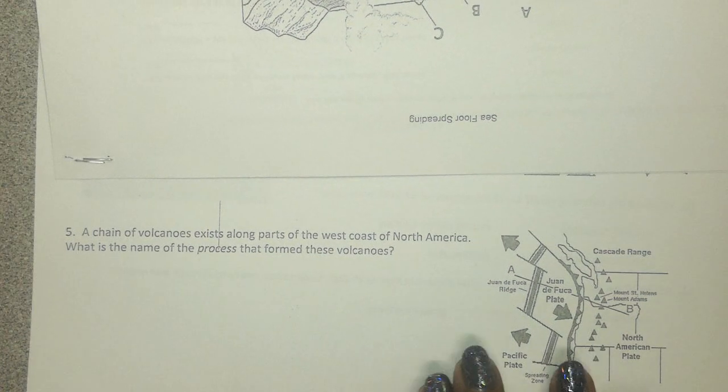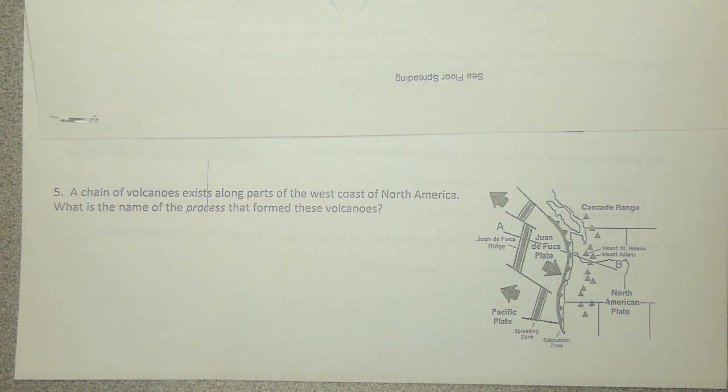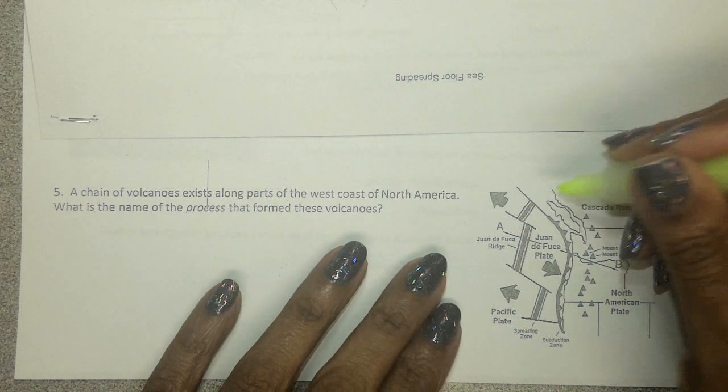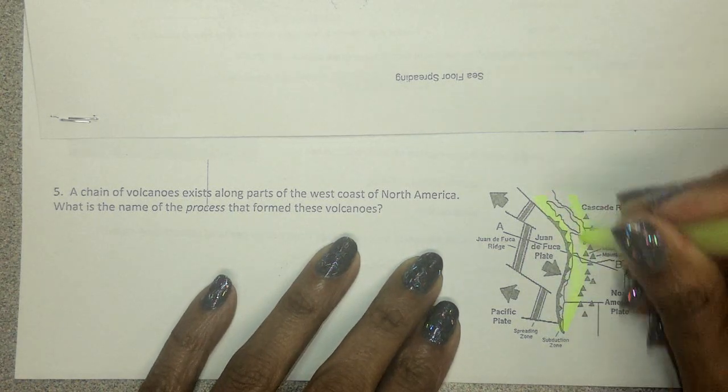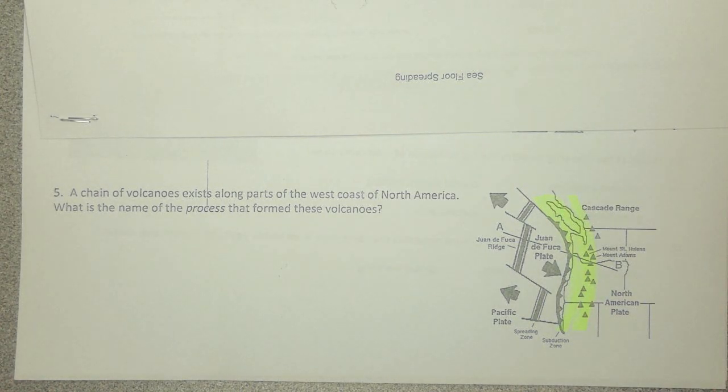So number 5 says, a chain of volcanoes exists along parts of the west coast of North America. What is the name of the process that formed these volcanoes?